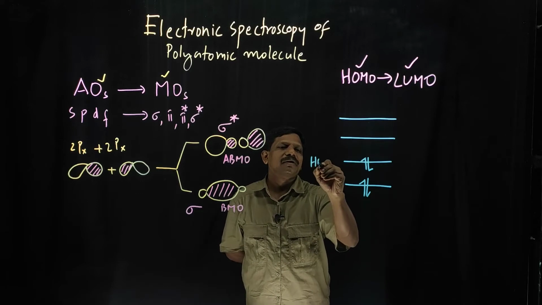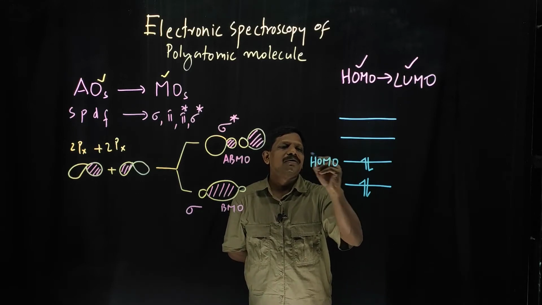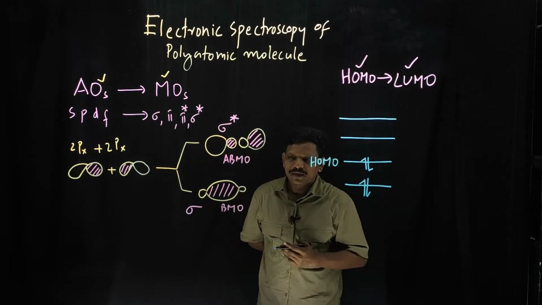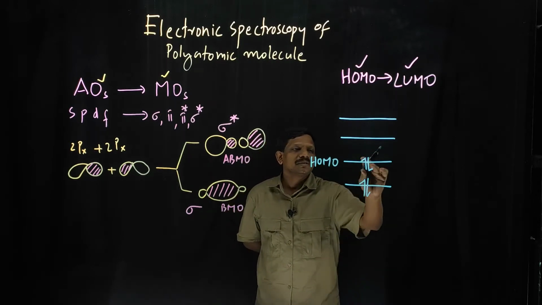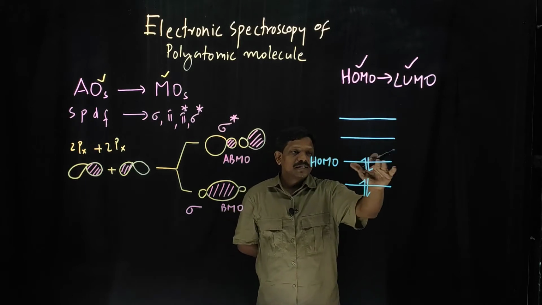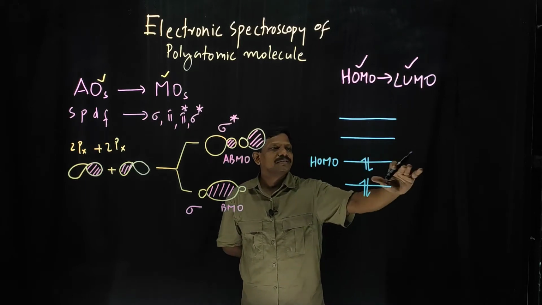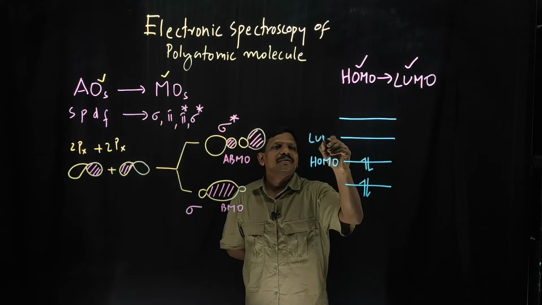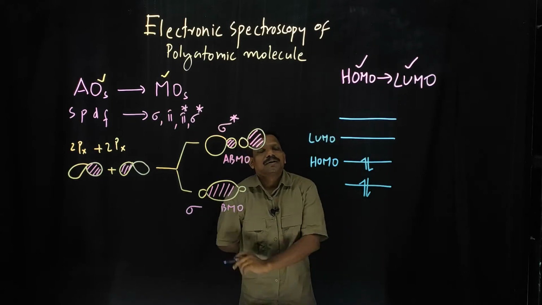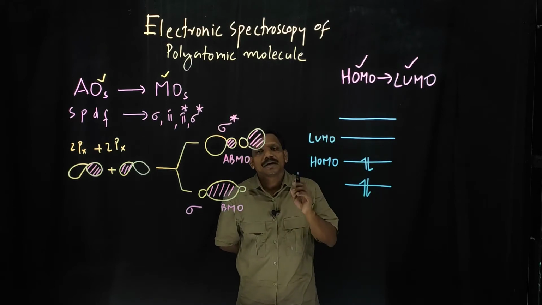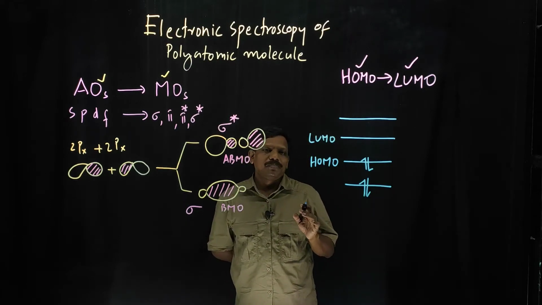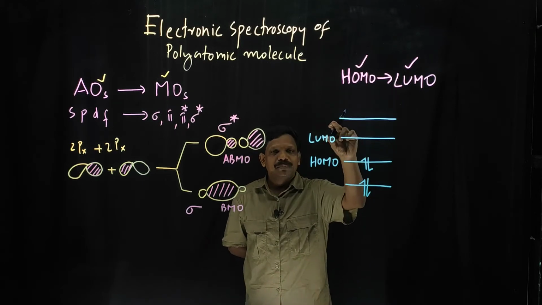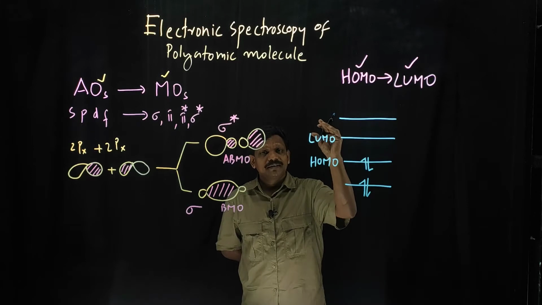You can call this level the HOMO, that means highest occupied molecular orbital, occupied with electrons. And what about the next level? The next level is called the LUMO level, lowest unoccupied molecular orbital. What is the peculiarity of this one? Lowest unoccupied. Unoccupied means unoccupied with electrons.